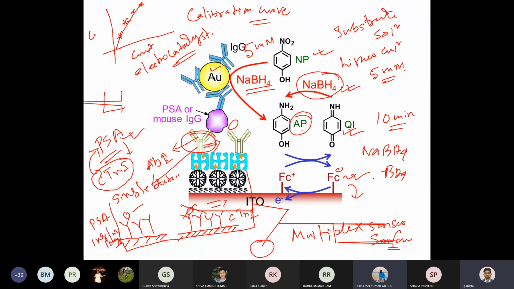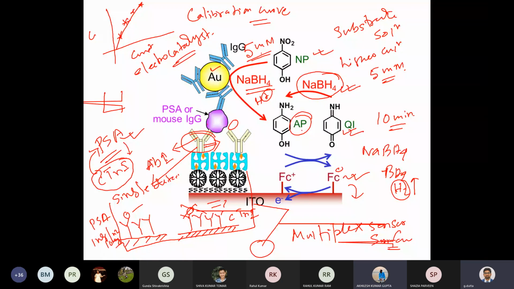See, we are adding a little high concentration of sodium borohydride, around 5 millimolar, right? So this is a high concentration of sodium borohydride. So sodium borohydride will react with this nitrophenol, and excess hydrogen will be released from the solution as hydrogen gas.